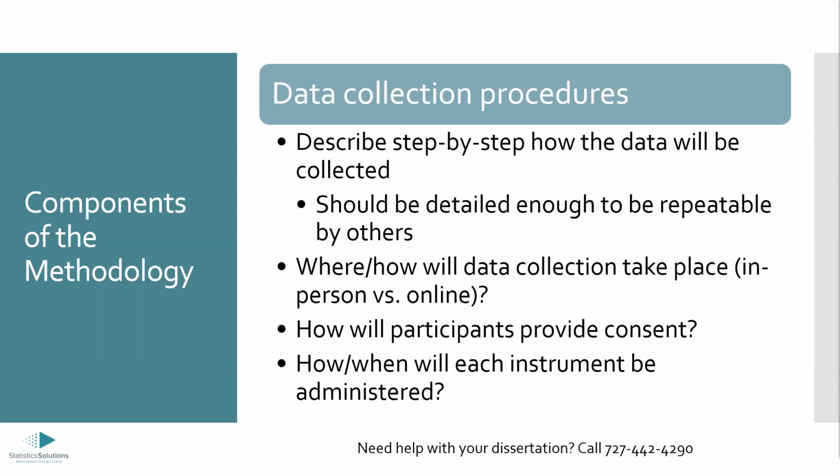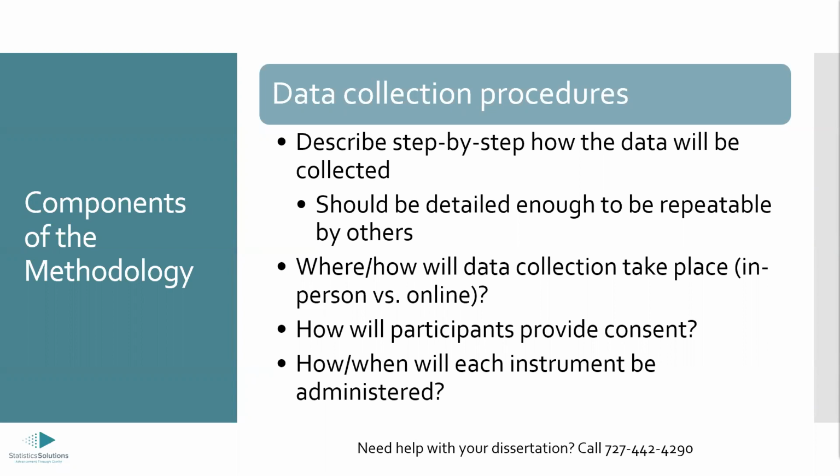So it should be stated very simply in step-by-step fashion, all of the steps that you're going to take to collect the data. So it can start with, as soon as you get institutional review board or IRB approval for your study, what's the first thing you're going to do? How are you going to contact the participants?